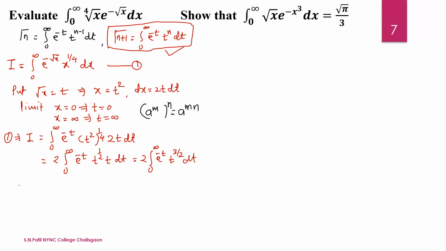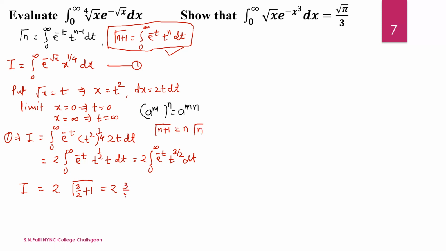We use this formula. Then I is equal to 2 times gamma of, where the power of t is n, it can be written as gamma of n plus 1, where n is 3 by 2, so 3 by 2 plus 1. That is 2 times. And we know one more result: gamma of n plus 1, if n is not an integer, is n into gamma n.